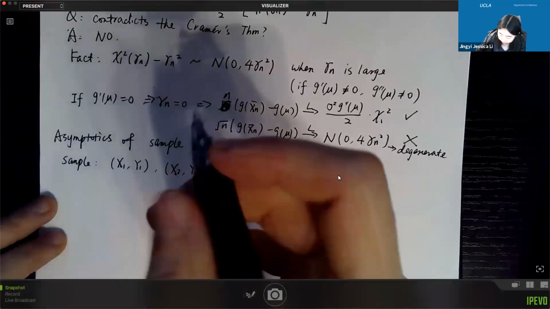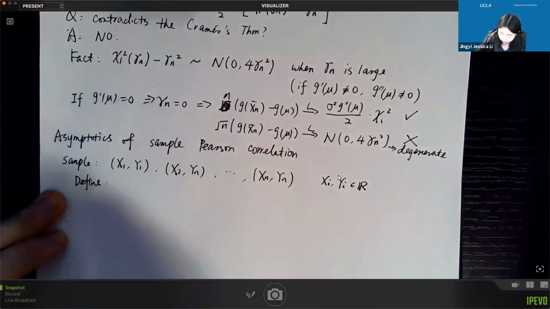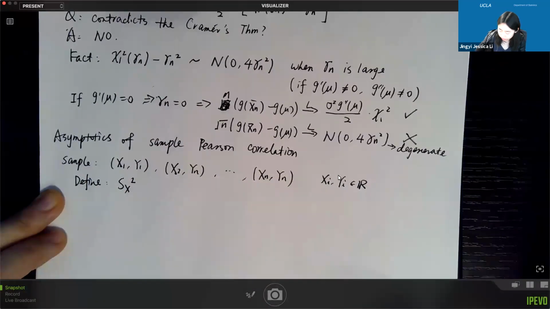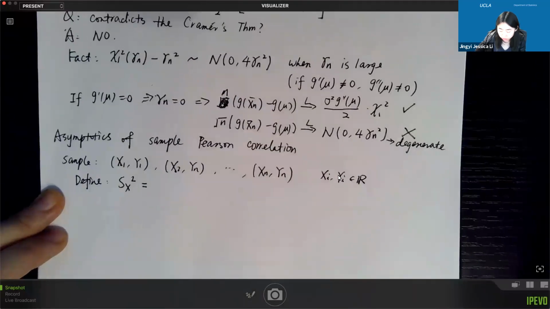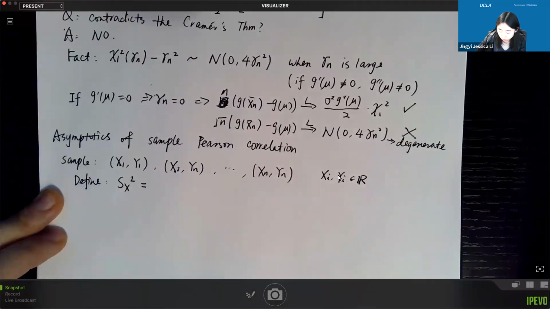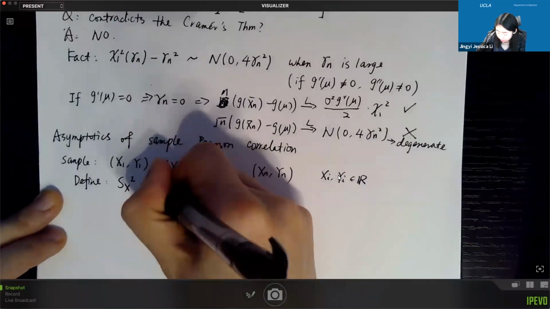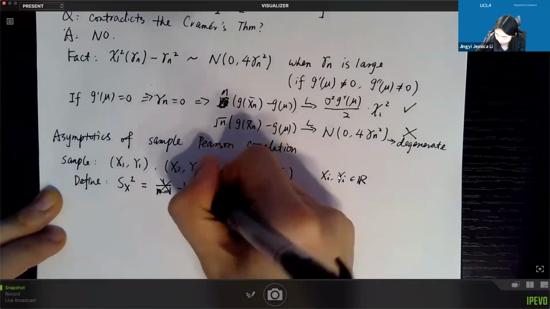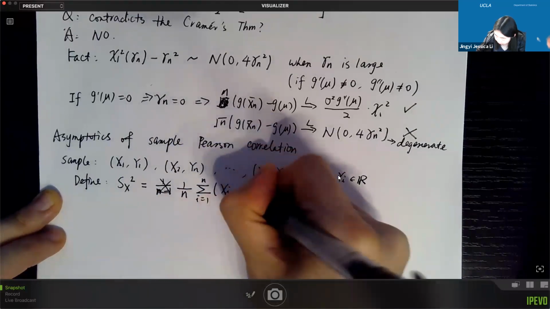So we define the following notations. Sx squared is the sample variance of x1 to xn. In this case, it does not matter whether we use 1 over n or 1 over n minus 1, because they will cancel anyway. But let's just use 1 over n, that's easier. So 1 over n, sum over i from 1 to n, of xi minus xn bar squared.